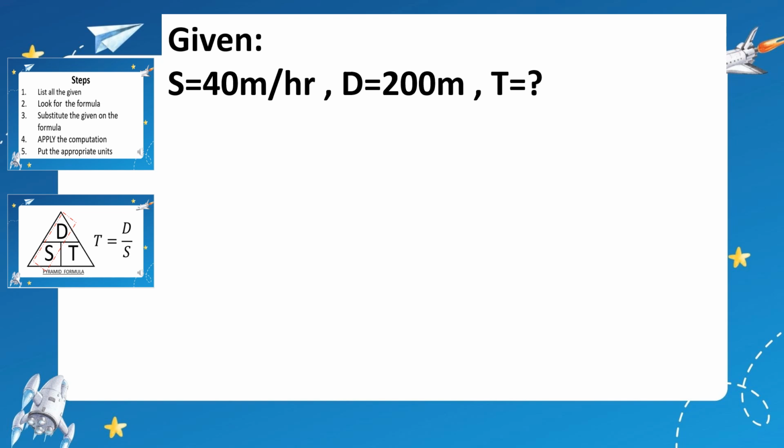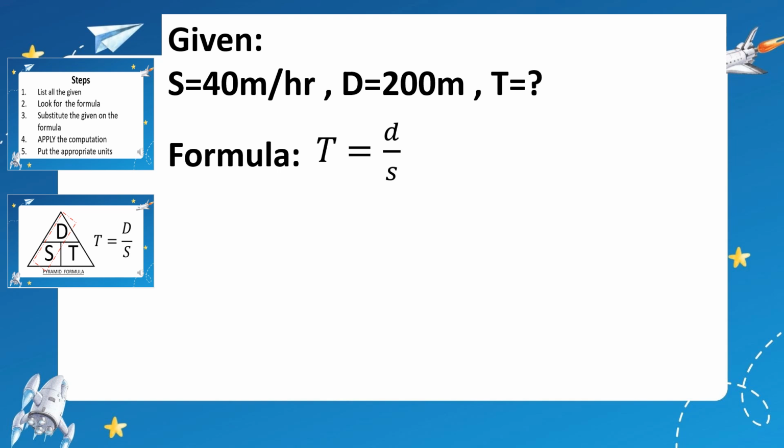Let's go to step number two, the formula. The formula is indicated on the side, so let's just copy it: T is equal to D over S. Again, if it is over, we go with the operation of division. Step three, we substitute the givens in the formula.